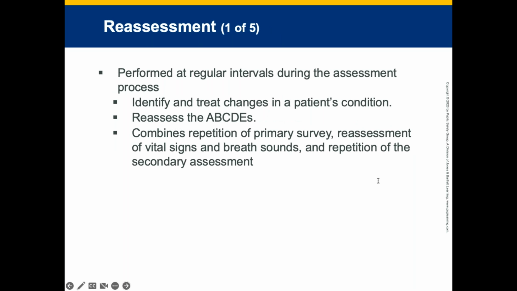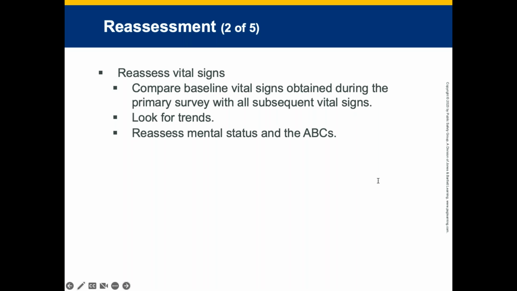Then we're going to get into our reassessment, which is performed at a regular interval during the assessment process, looking at ABCDEs, LOCs, level of consciousness, baseline assessment, reassessing every 5 to 15 minutes. Compare the baseline vitals obtained during the primary survey with all subsequent vital signs.